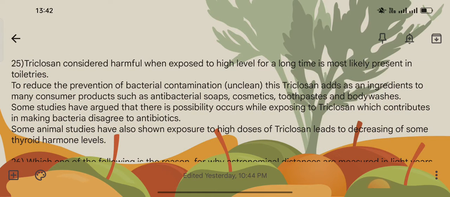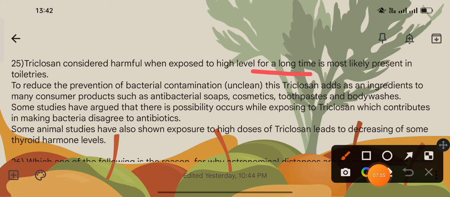Moving to the next question, that is 25th, triclosan. Triclosan is considered harmful when exposed to it at a high level for a long time. It is most likely present in toiletries to reduce bacterial contamination, meaning pollution or uncleanliness. Triclosan is an ingredient in many consumer products such as antibacterial soaps, cosmetics, toothpastes and body washes.